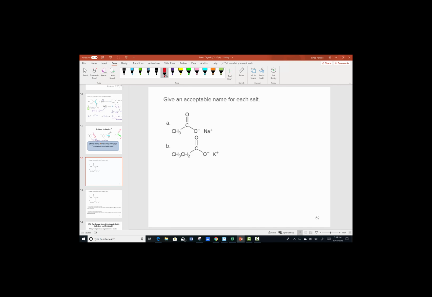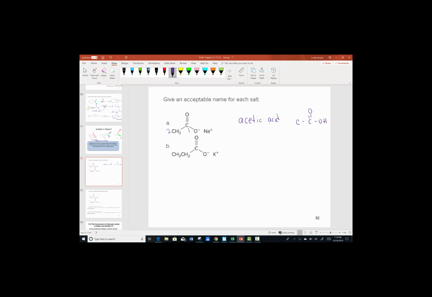How about naming these salts? Are we practiced enough? Try these out and let's get a common answer here. I have 2 carbons. The common name for the carboxylic acid is acetic acid, just to emphasize how we're naming from the parent acid.